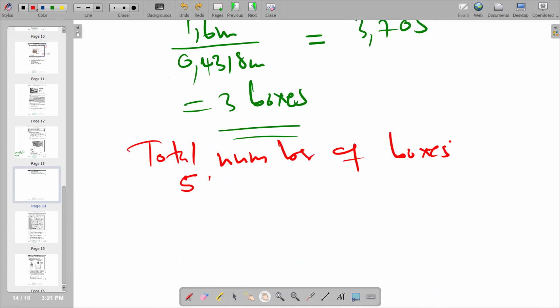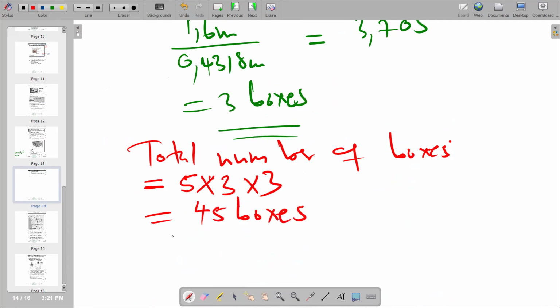So that's how we are going to get our number of boxes. So 5 times 3 and then times 3. If you calculate very correctly, you are going to get 45 boxes. So this becomes your final answer, 45 boxes.